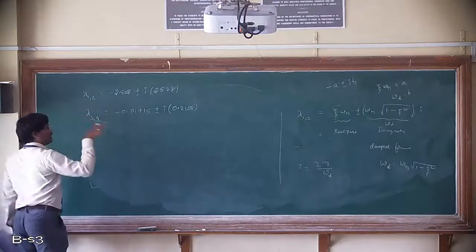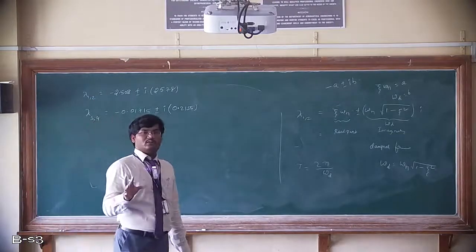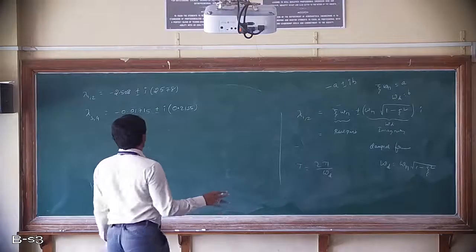They say the roots of the longitudinal motion characteristic equation are like this. Those are complex conjugate numbers.